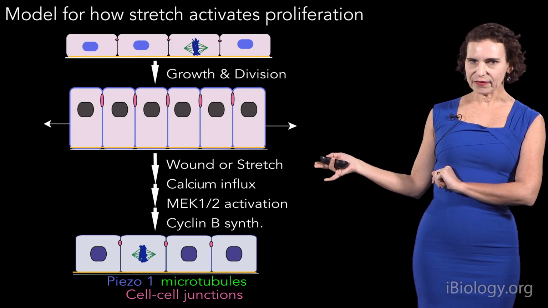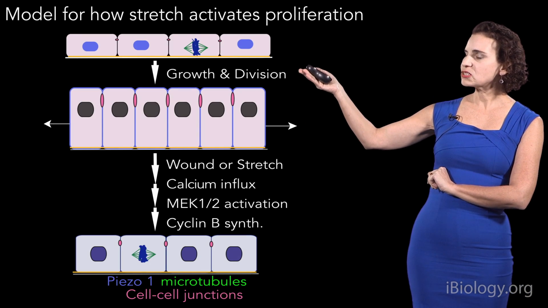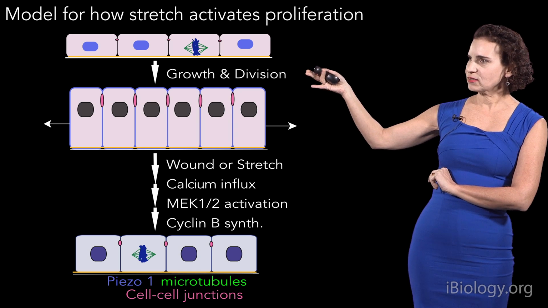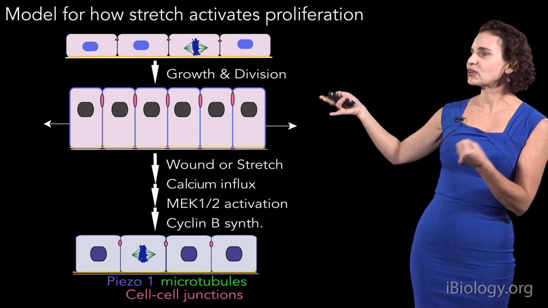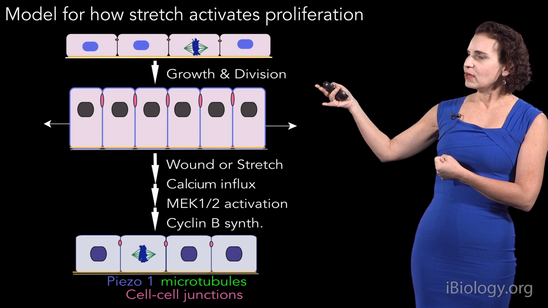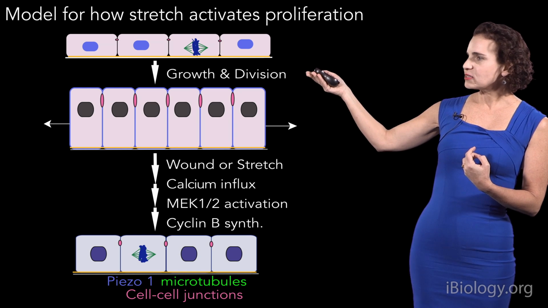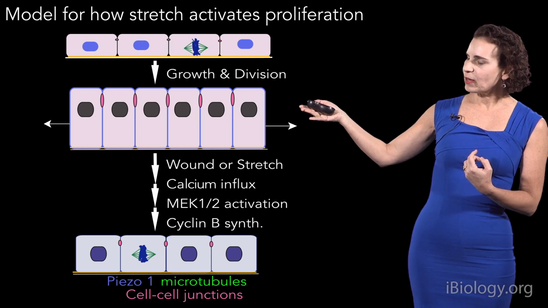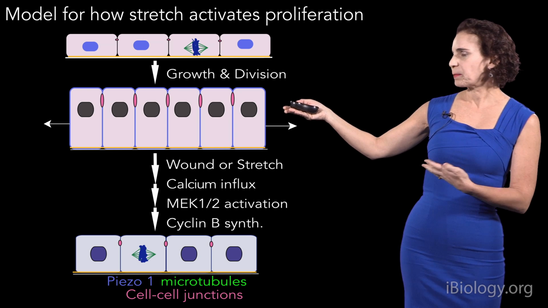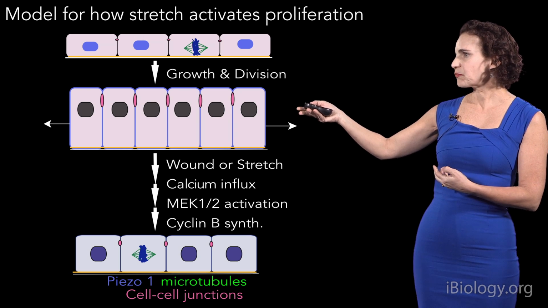Taken together, what we find is that stretch can really induce cells to undergo proliferation. Normally, cells grow and divide until they get to a density that is optimal for their function.